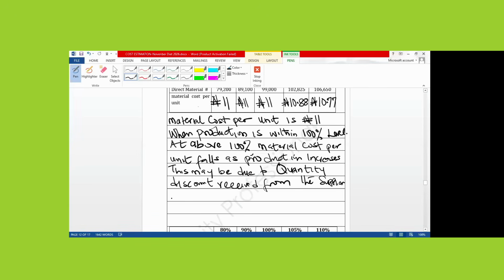Direct material cost is a variable cost. Direct material cost is still a variable cost.